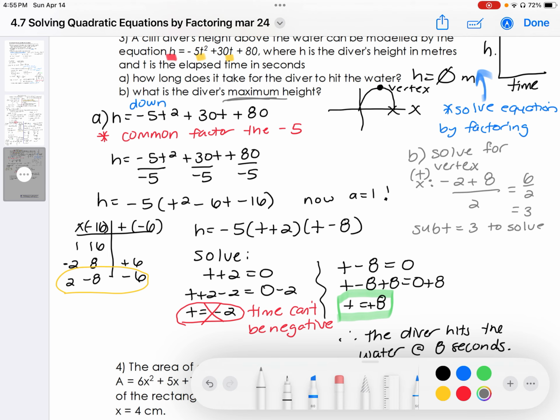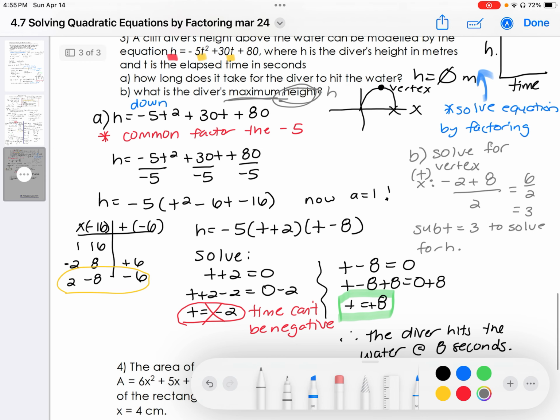And you know what? I'm not even going to write y. I'm going to write h because it asks us for the maximum height, which is h. Yes, they are the same, but let's give it a go. Let's try not to write x and y because we can do it. I'm proud of us.